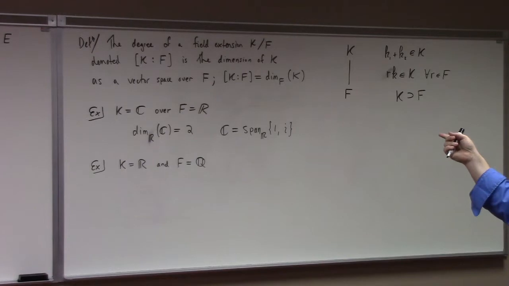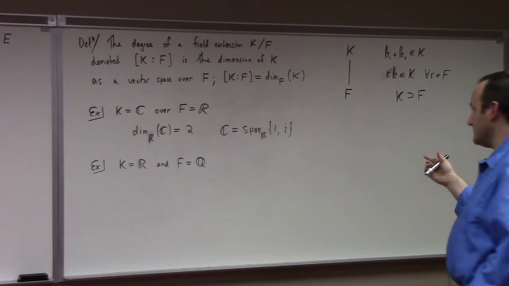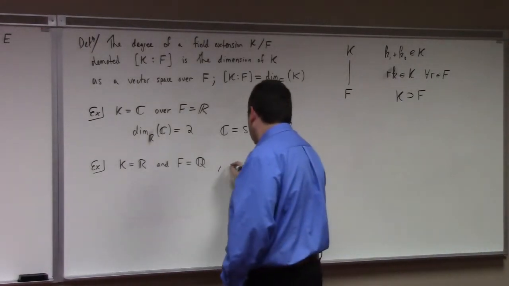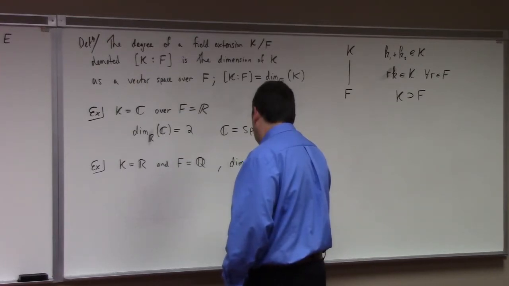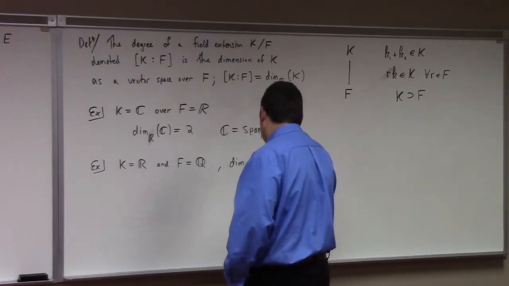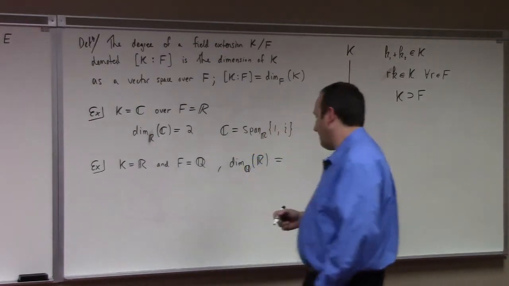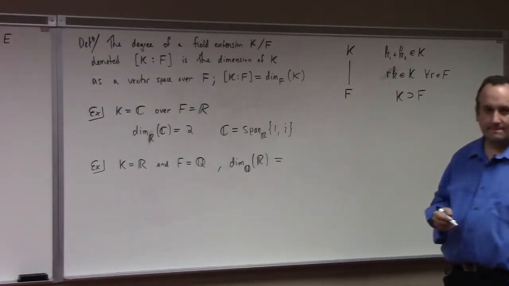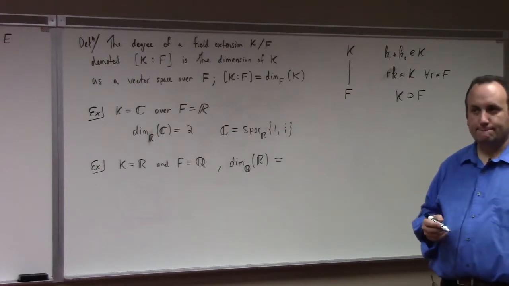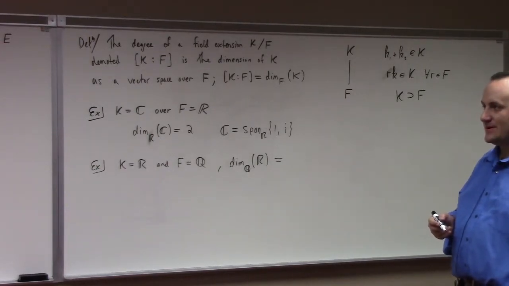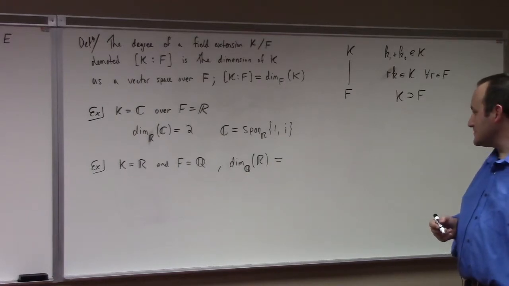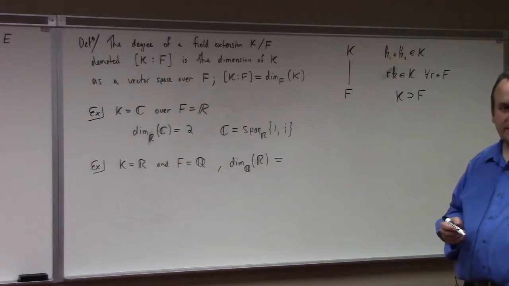What's the dimension of the reals over the rationals? What's the Q dimension of R? One. A little bit off. In other words, I would need a basis.